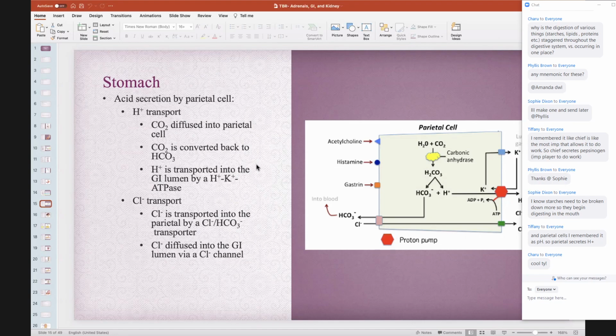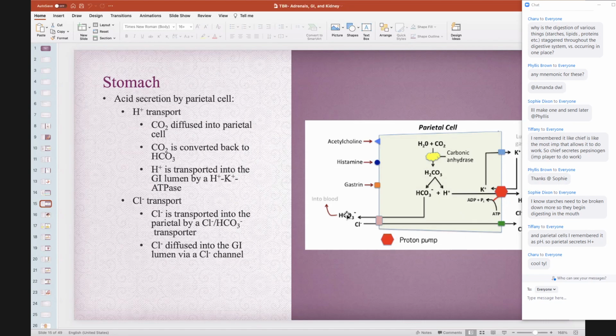The mechanism isn't super important. Just know where it comes from. Where does this hydrochloric acid come from? Right. In the parietal cells, we do that with carbonic anhydrase. We take that water and that carbon dioxide and create that free proton right in here. We're going to shuttle that free proton into the gastric pit, as well as these chloride anions that come from the blood.